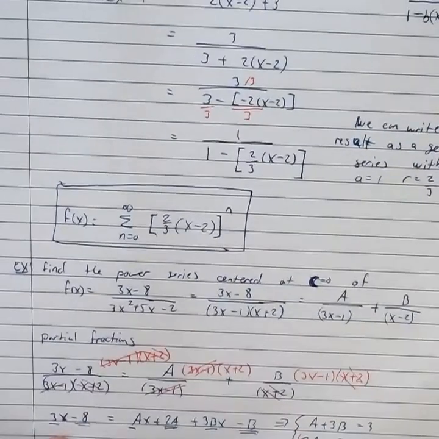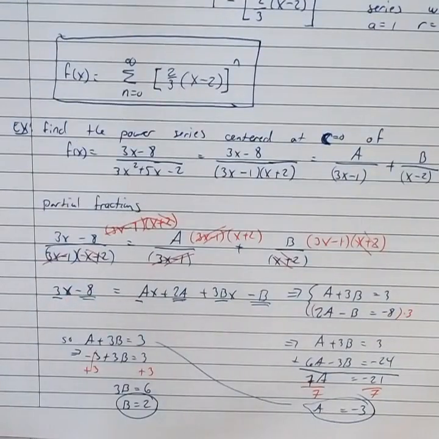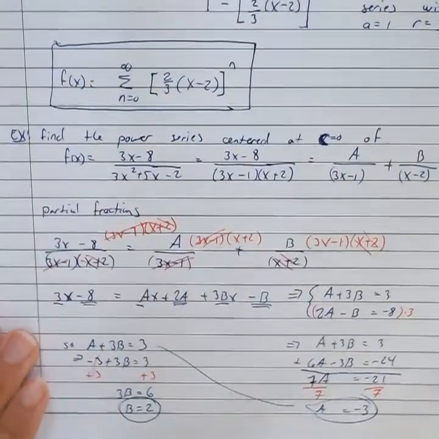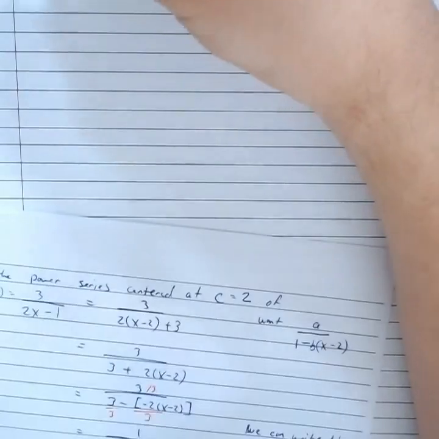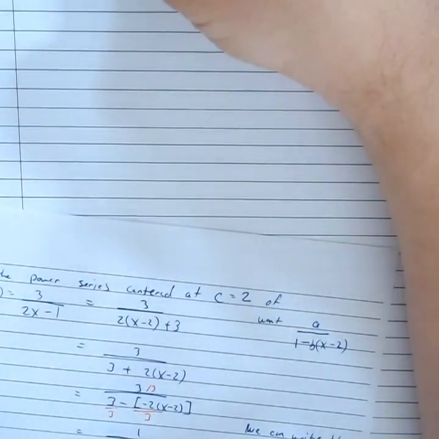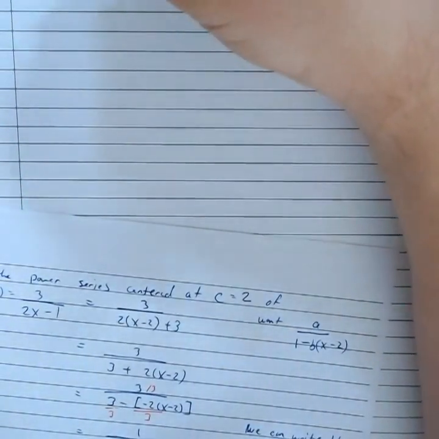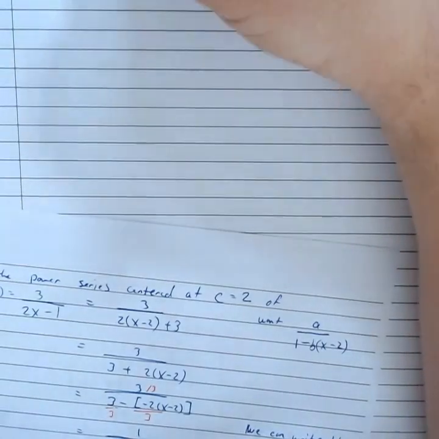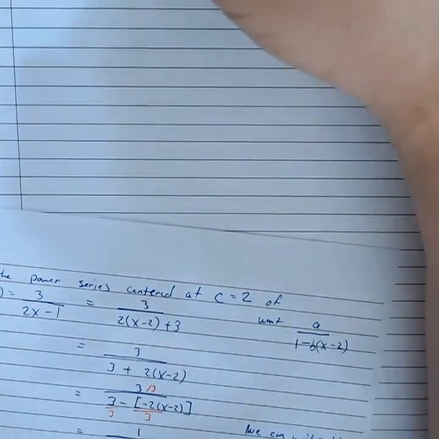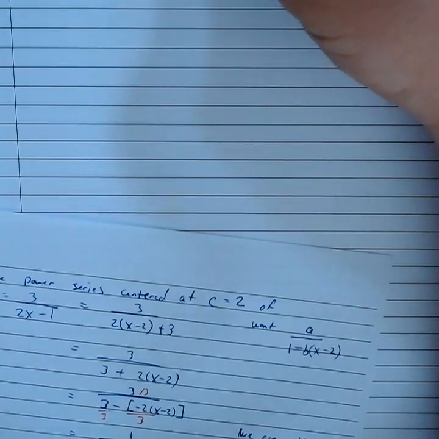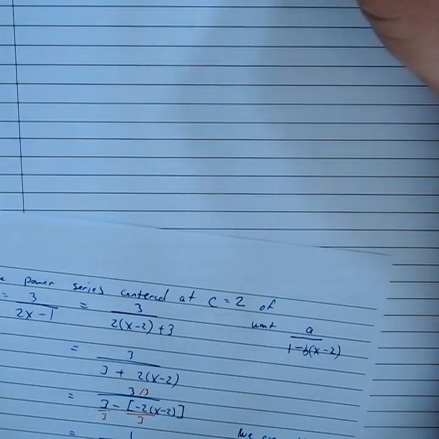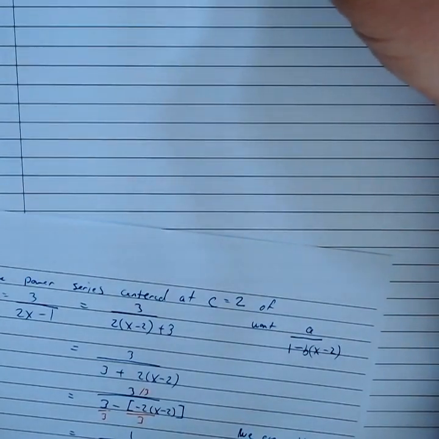Okay? So I'm going to switch over to another page here. And that's going to give us that f of x, which is equal to 3x minus 8 over 3x squared plus 5x minus 2, is equal to negative 3 over 3x minus 1 plus 2 over x plus 2.